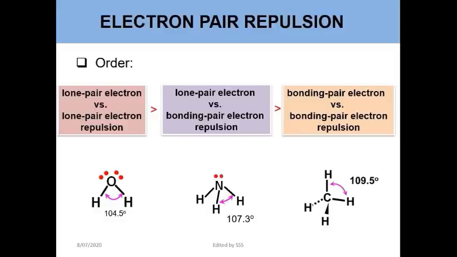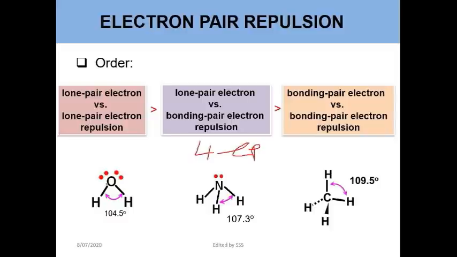Let's say we have three example compounds: water molecule, ammonia, and methane. The similarity for the three compounds is that they have the same number of electron pairs, 4 electron pairs. But there are differences in the number of bonding pairs and lone pairs present.